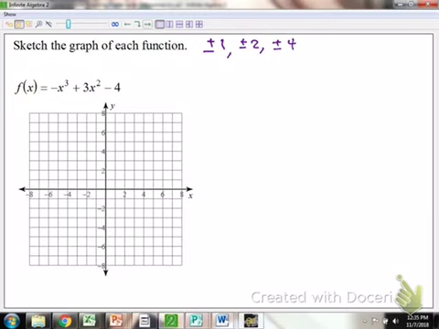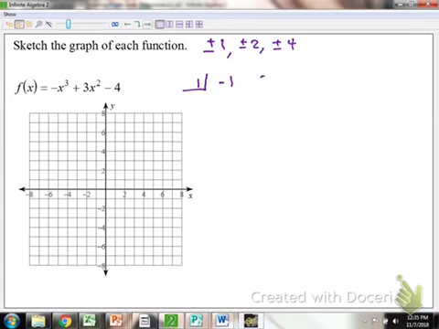That's the factors of this number divided by the factors of that number. So positive and negative 1, 2, and 4. And I'm just going to use the synthetic division process, and I'm not looking at the answers here, so I'm just going to use 1, which I don't think is going to work.